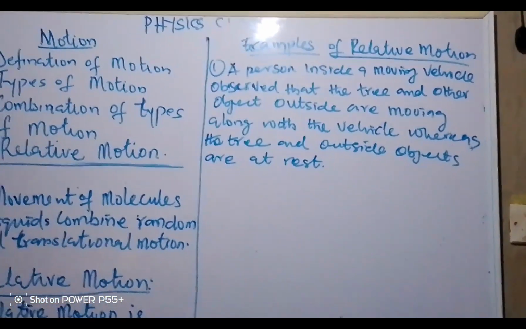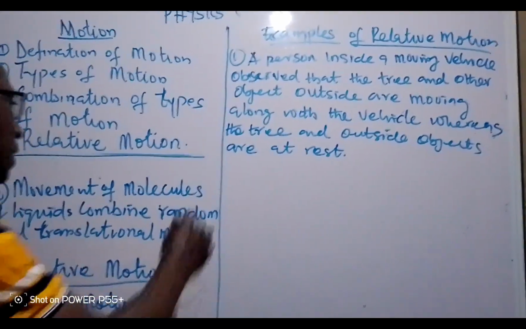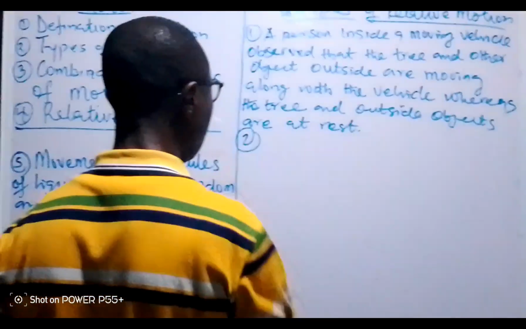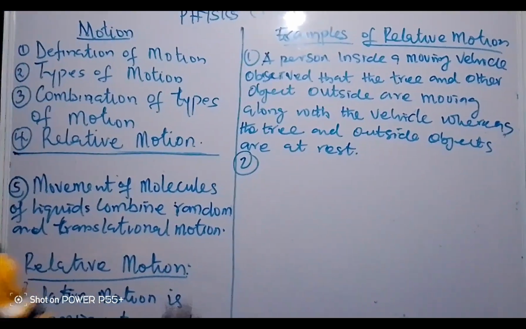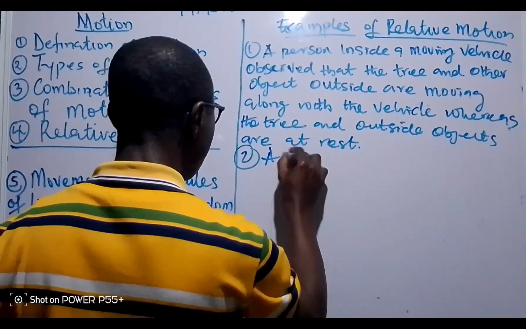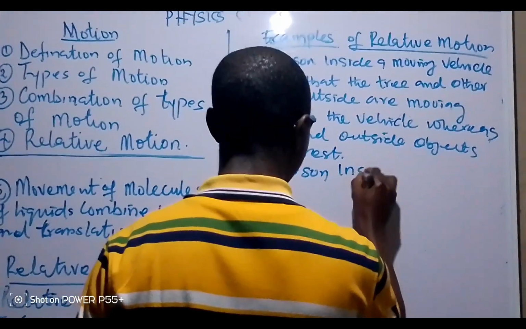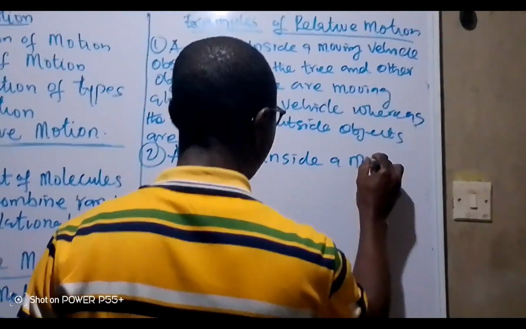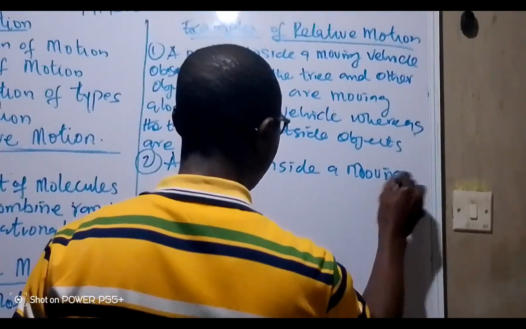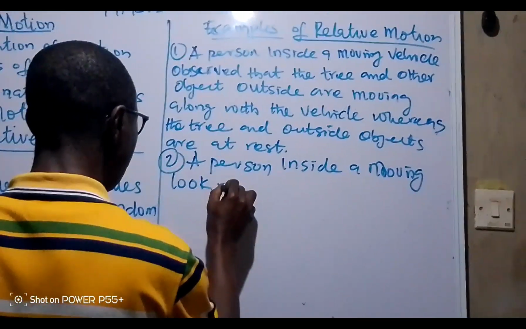That's the first example. Another one that we usually see is a person inside a moving vehicle, looking down.